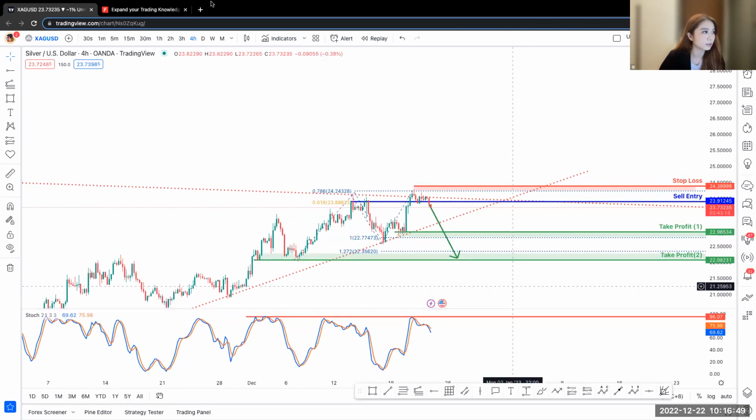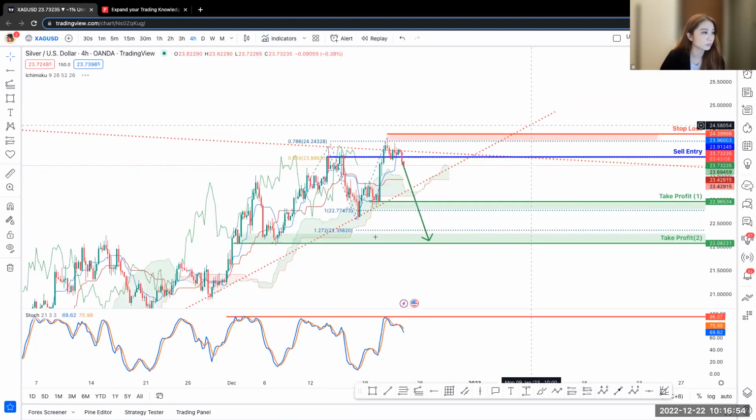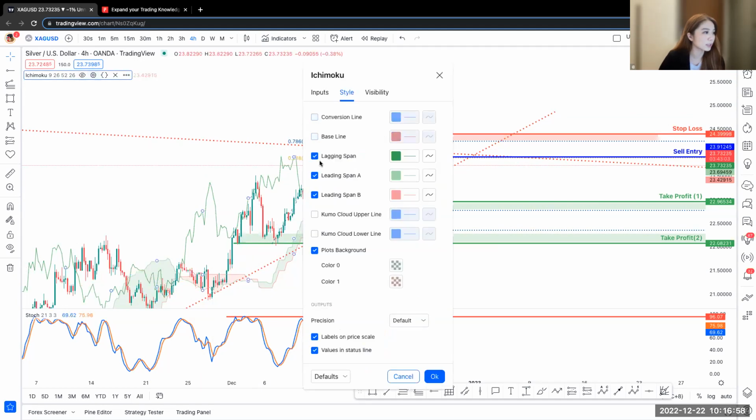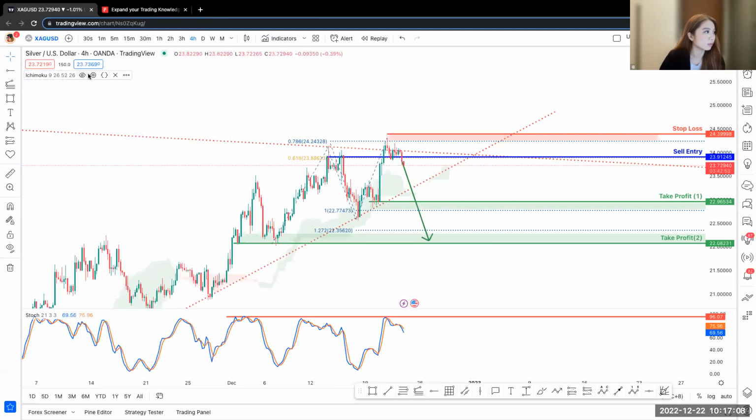So let's also take a look at the Ichimoku cloud. You can see price is still above the cloud, so that's something to take note of. That's why we are looking at two different kinds of take profit.